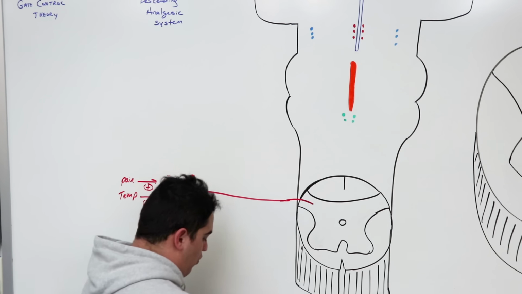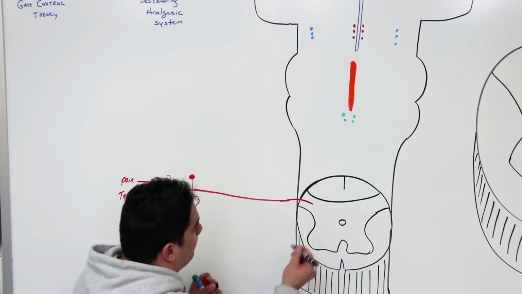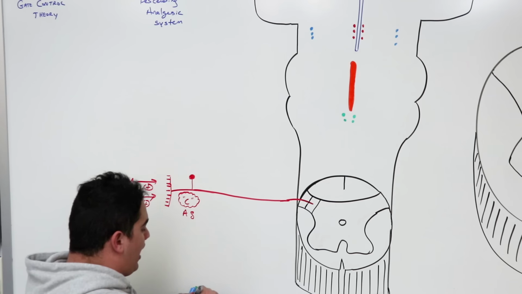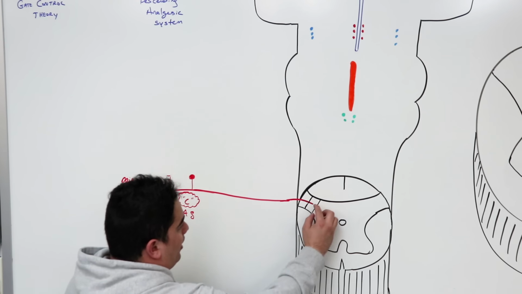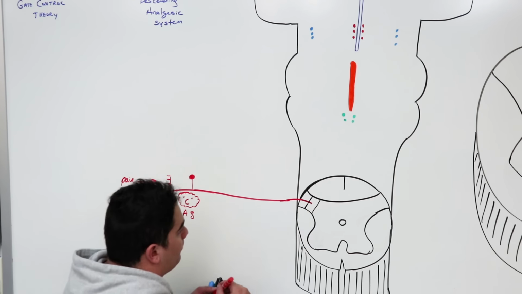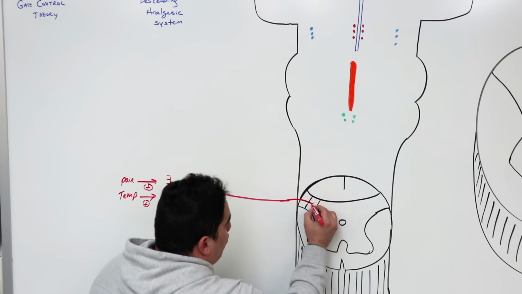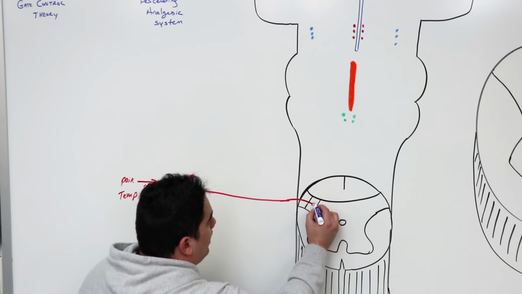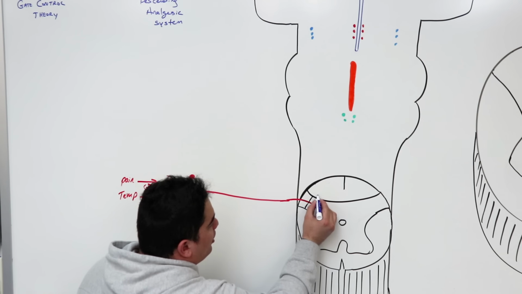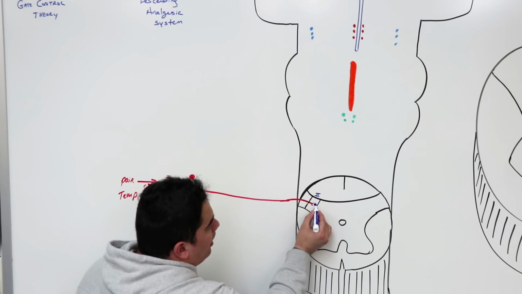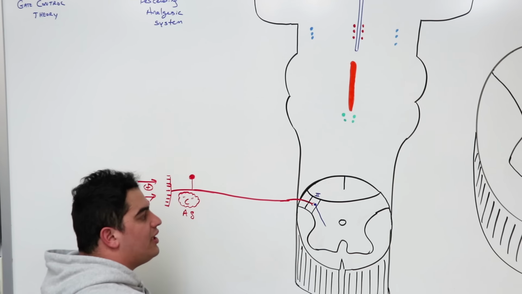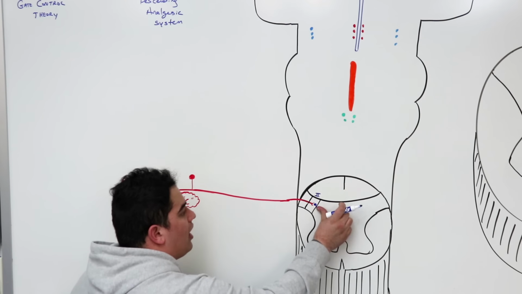There was a specific one right here. It was called lamina 2. Lamina 2 has a special nucleus right here. This guy is important because in Rexed lamina 2 there's this special structure which is called the substantia gelatinosa of Rolando.